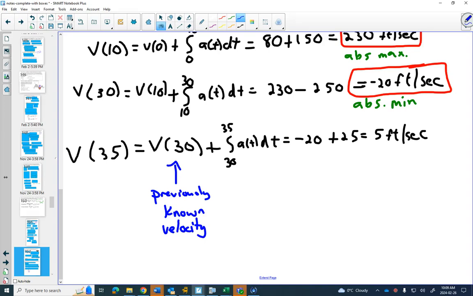And then from that point 30 to 35, that will be an accumulation of change added onto that. So the area under the curve shows you an accumulation of change that's happened from that point.